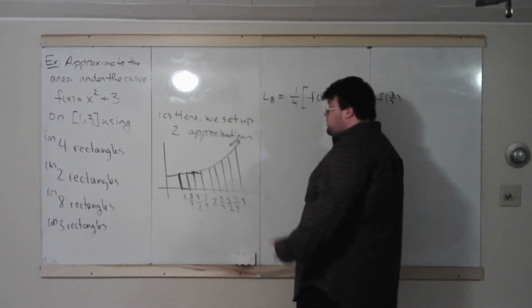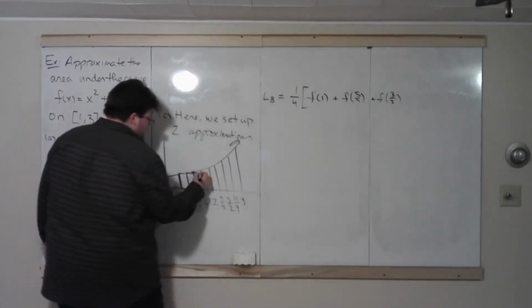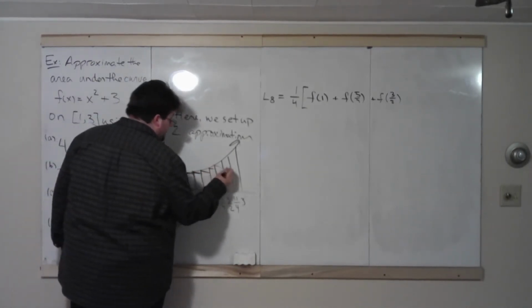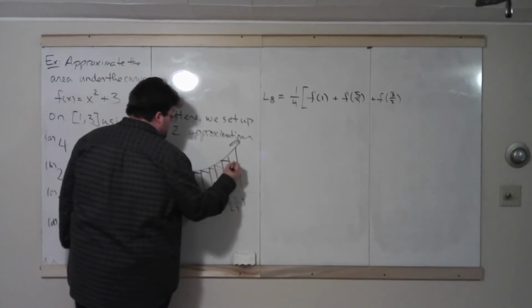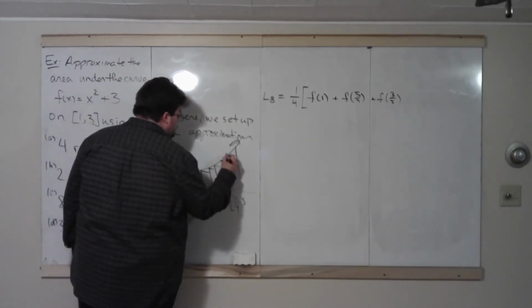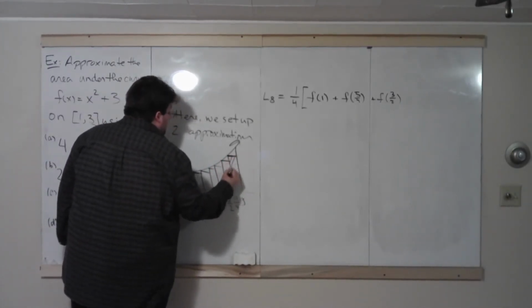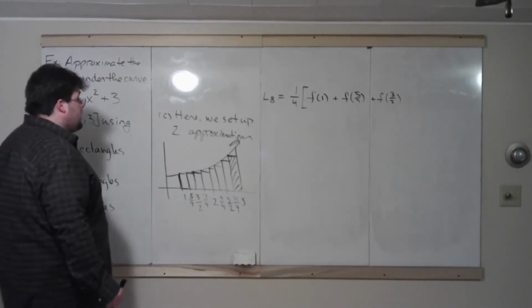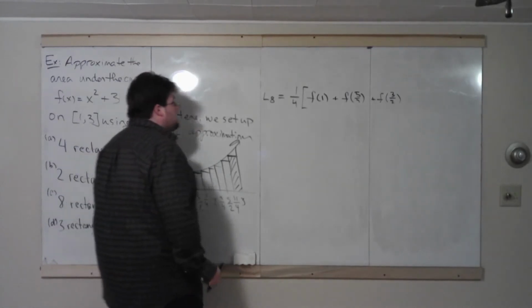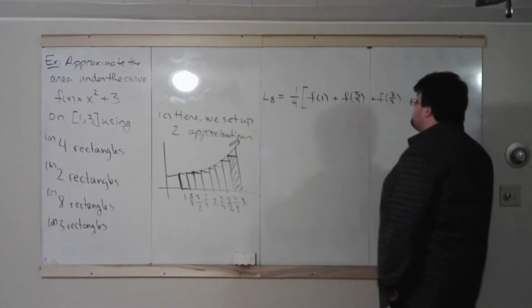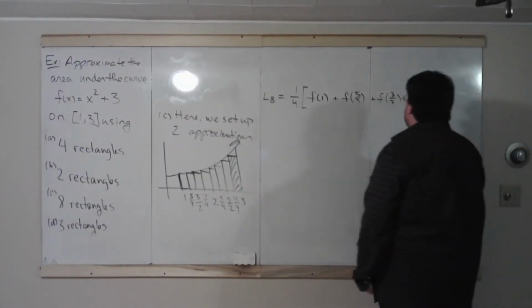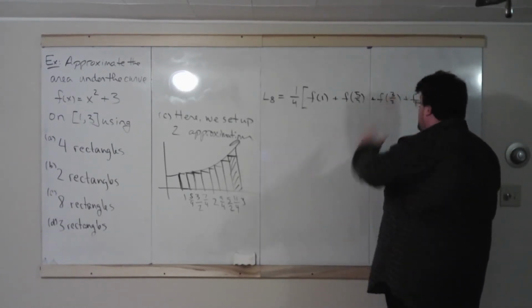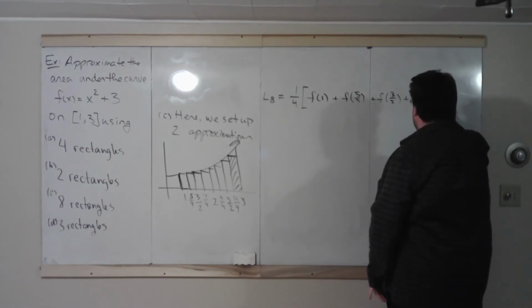And then we keep going on. 7/4 gives us that rectangle. f at 2 gives us that rectangle. f at 9/4 gives that one. f at 5/2 gives us that one. Until we get to the last one. Notice here, for the left-hand approximation, the last rectangle is determined by f at 11/4. And that would give us an approximation that looks like this. I guess I'm going to have to go on to like 2 lines.